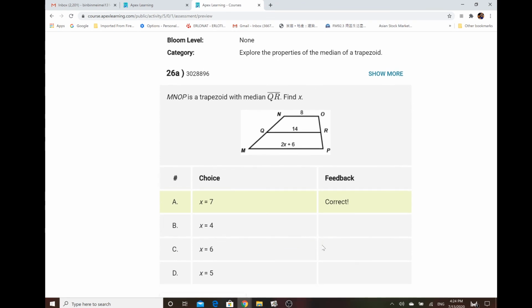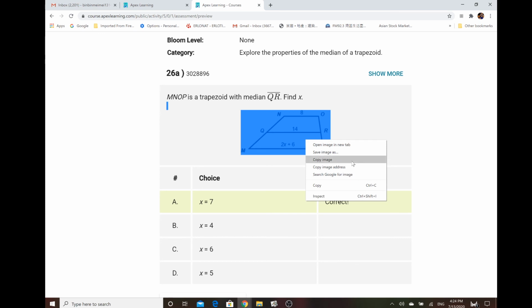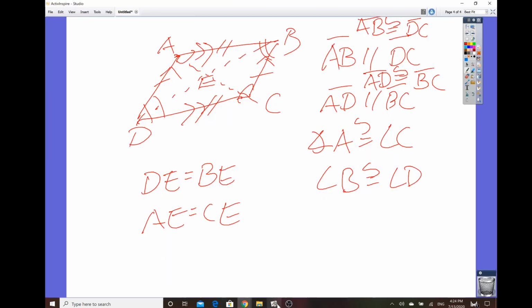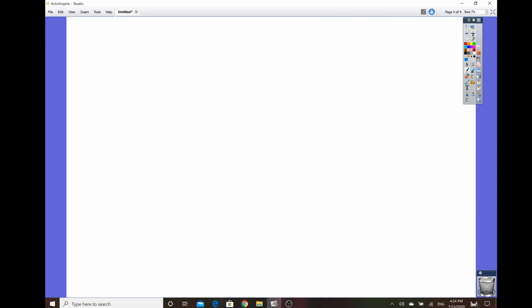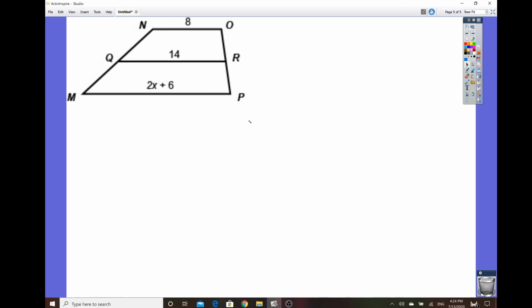26, this one is all about the mid-segments of a trapezoid. So now let's do this problem here. Again, I just want to highlight the figure, copy and paste. So what we've got right here is a trapezoid. This one is about the new formula you need to know, called the mid-segment.